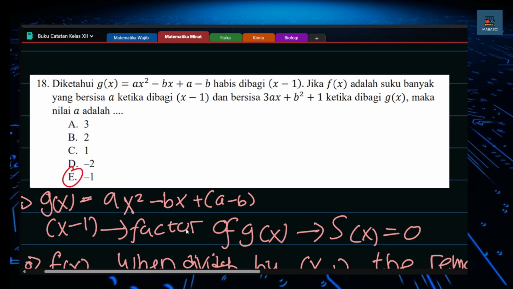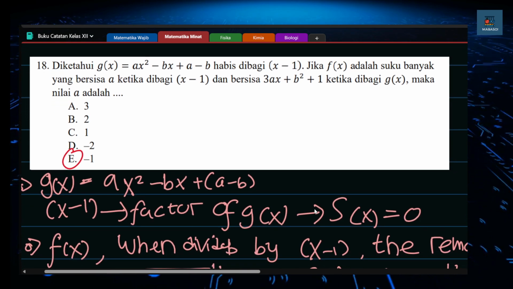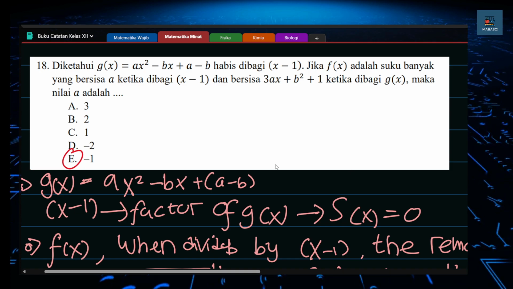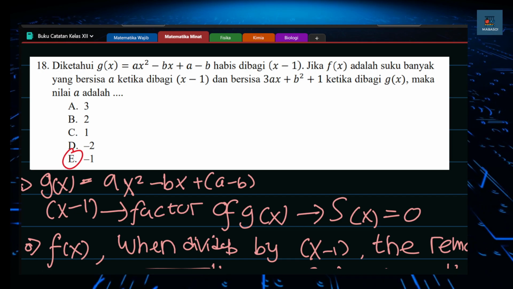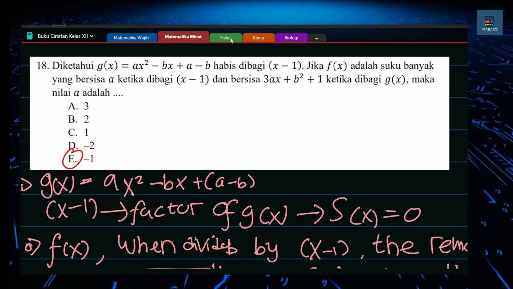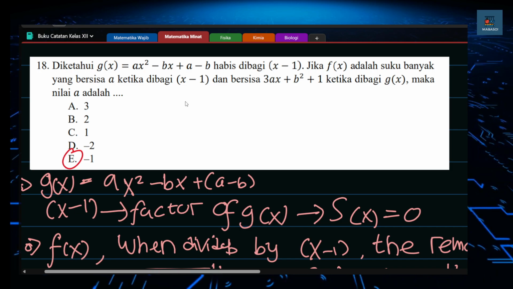And since x minus 1 is a factor of g(x), it means that the remainder when it is divided by x minus 1 would be 0, right?